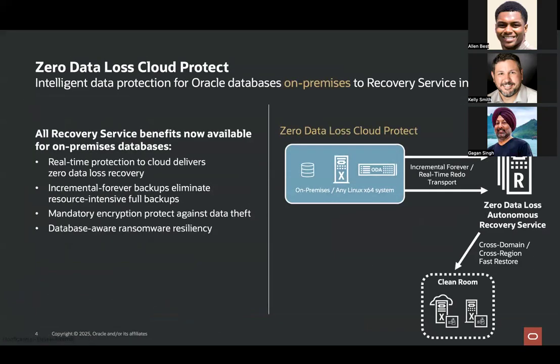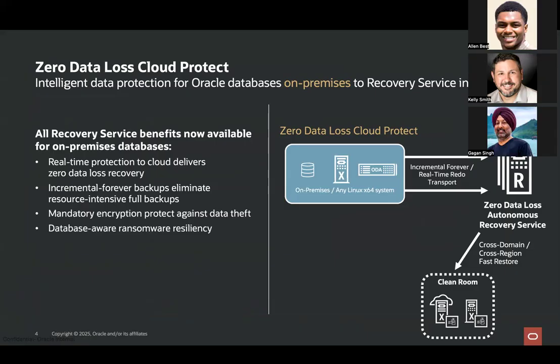To go a little bit more into what the Zero Data Loss Cloud Protect is, like I said, it starts with being able to support your on-premise or Linux x64 systems to the cloud.